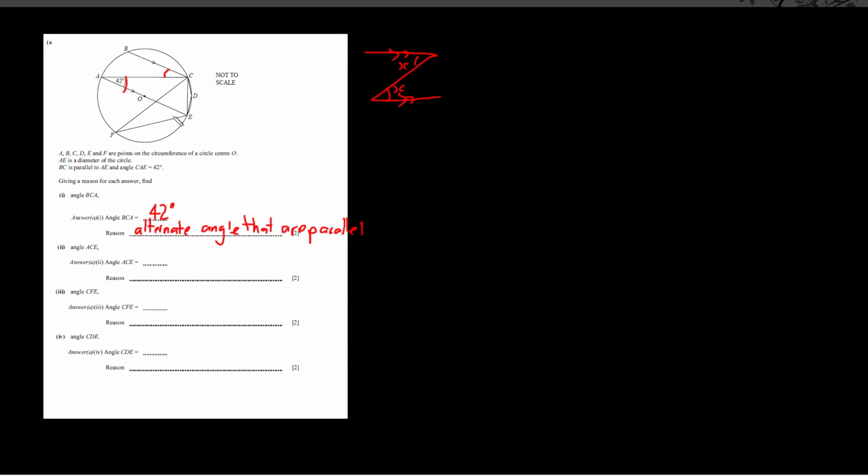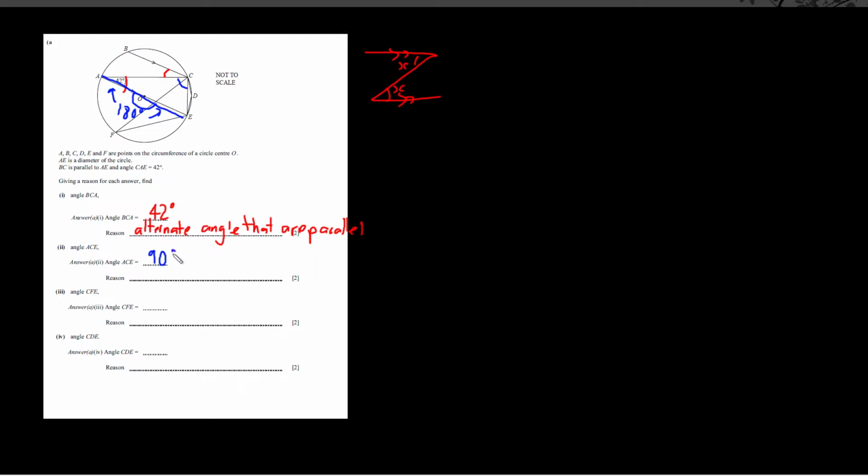Maybe I should use a different color. This base here passes through center O, making this angle 180 degrees. When we look back into the arrow rule, when the angle continues to open up here, we know that this angle is still half of this. So angle ACE would be 90 degrees.